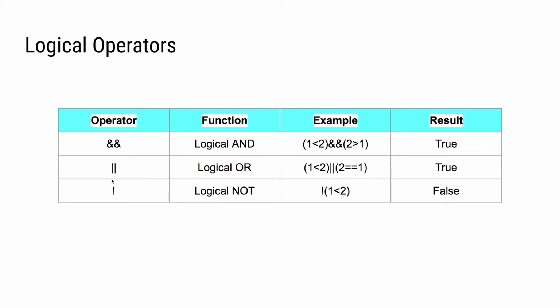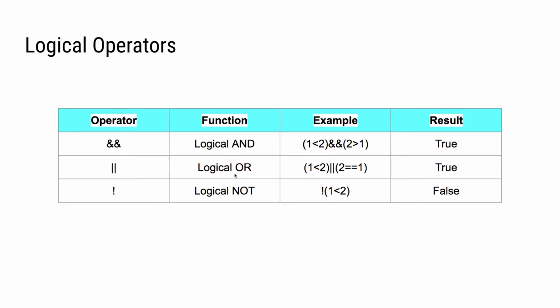These are logical operators. Logical AND, which means both the values should be true. 1 less than 2 is true. 2 greater than 1 is true. That's why the final result is true.